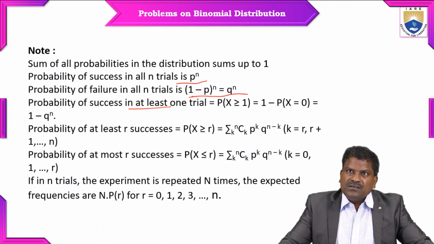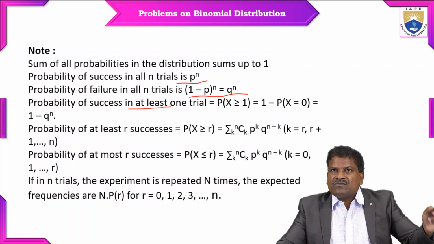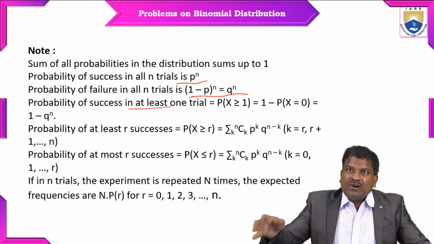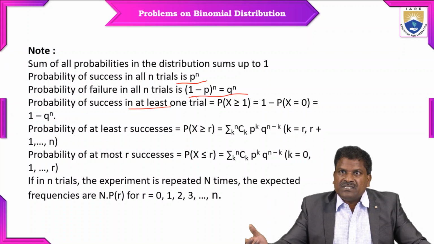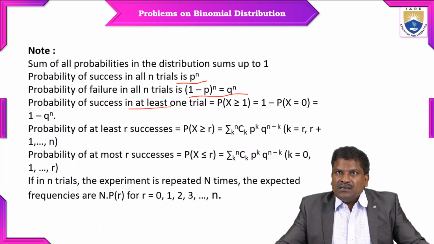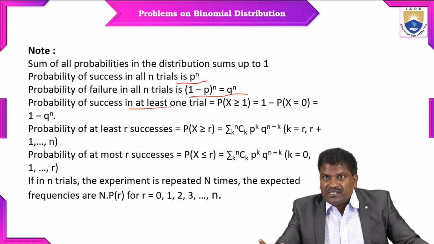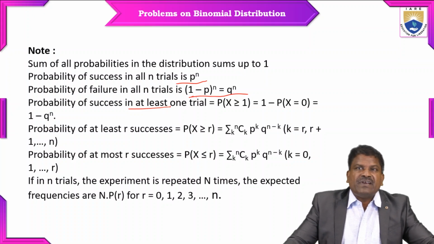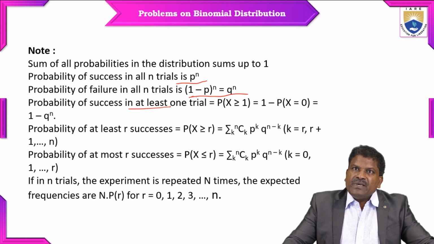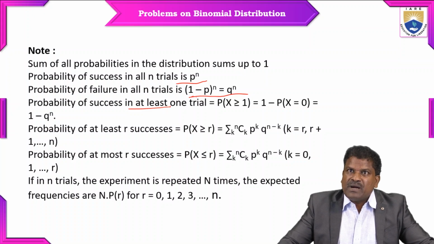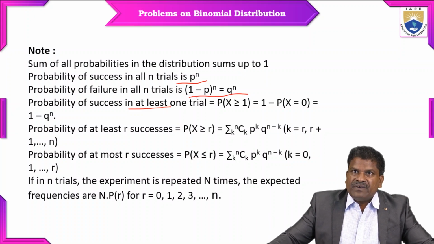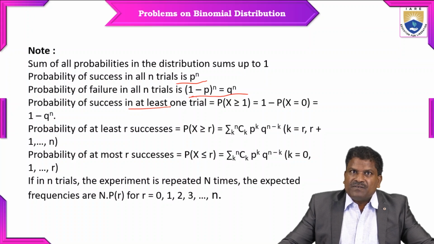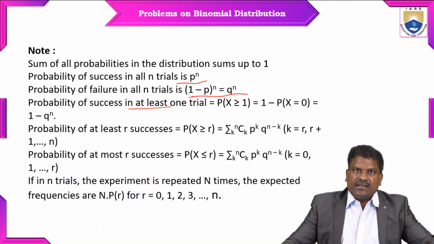P of x greater than or equal to 1 is nothing but 1 minus P of x equal to 0, since from the total you subtract P of x equal to 0. And P of x equal to 0 is q to the power n.